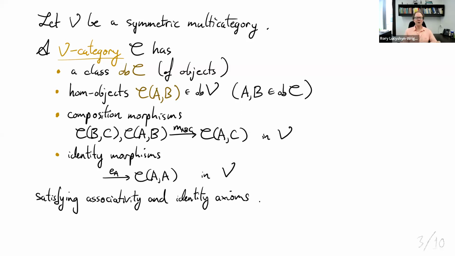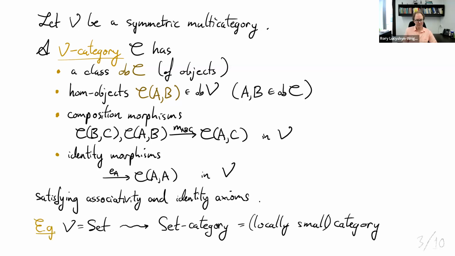But then what is it? What we'll describe is a concept that's more general than V-enriched categories in such a way that it includes also V itself and also various other things like categories and so on. Oh yeah, sorry, I forgot about the last point here, which is simply that if we take V to be the category of sets, then of course set-enriched categories are the usual locally small categories.